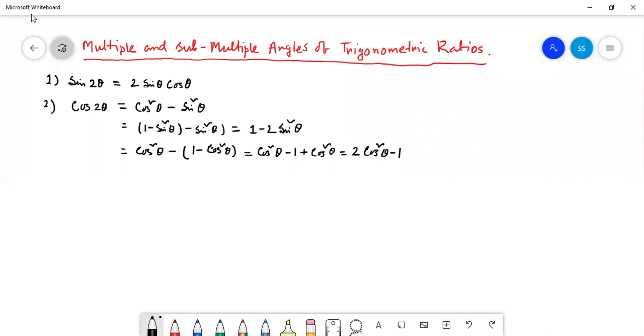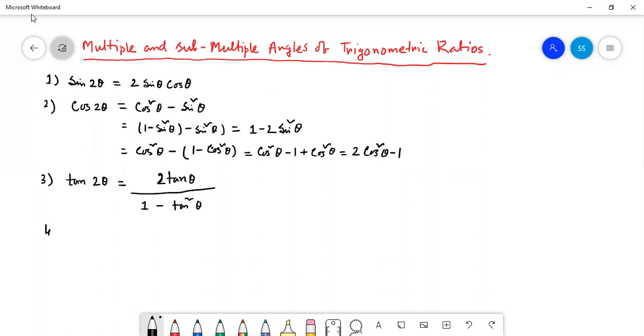Number 3, tan 2 theta. Tan 2 theta is equal to 2 tan theta by 1 minus tan square theta. These are the basic trigonometrical ratios.